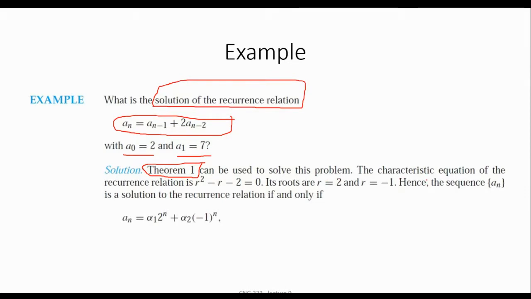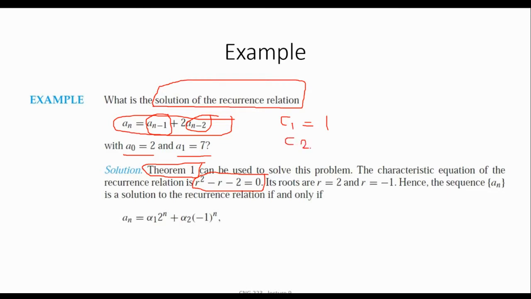The characteristic equation of the recurrence relation is this one. How did we come up with this? By looking at the multiplication of a_{n-1} and a_{n-2}. What's the multiplication of a_{n-1}? This is, let's say, 1. And what is the multiplication of a_{n-2}?